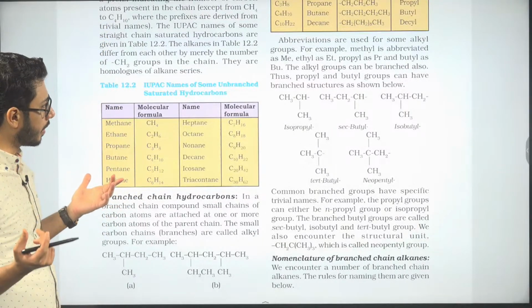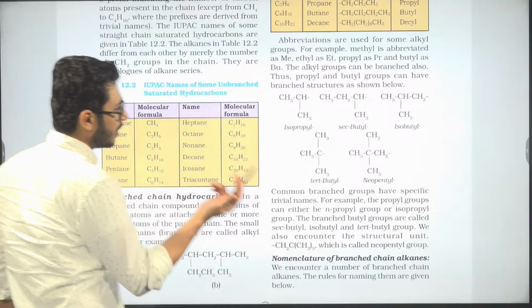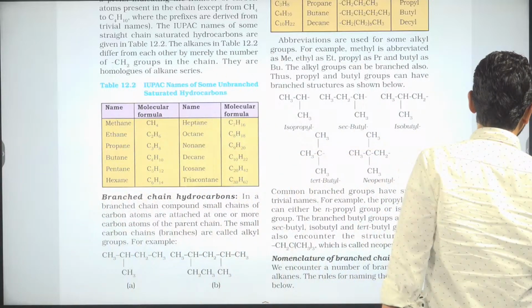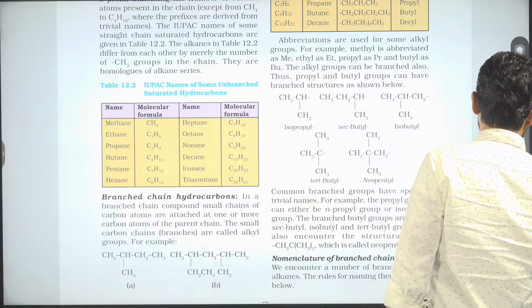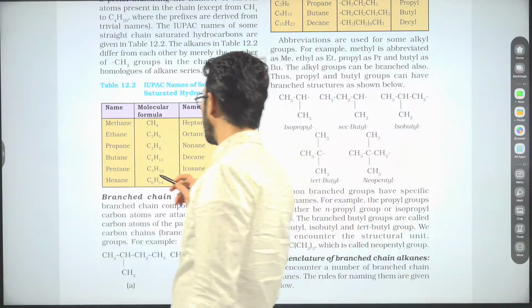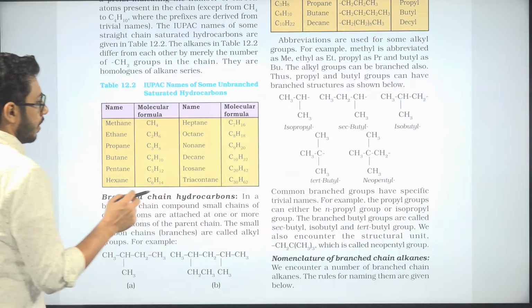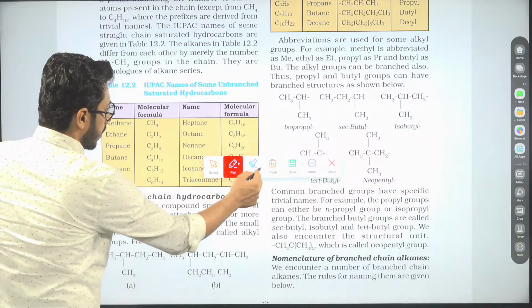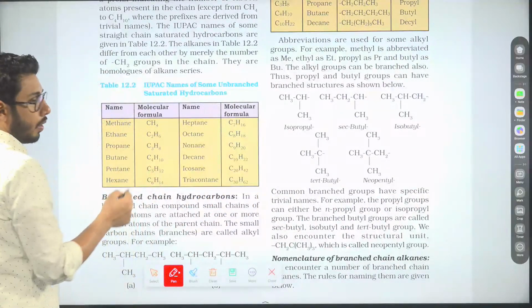In root word, you all know that one carbon means meth, eth, then prop, in this manner. So with the NCERT, you can underline that one. This too you all know.